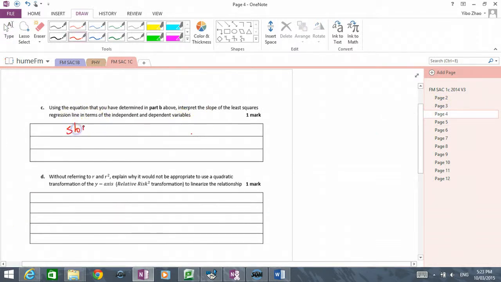However, when we write it down, we don't write b equals. We write down: slope is positive 0.0746. So what does it mean? Remember the meaning of slope?